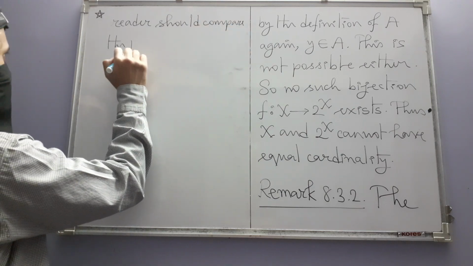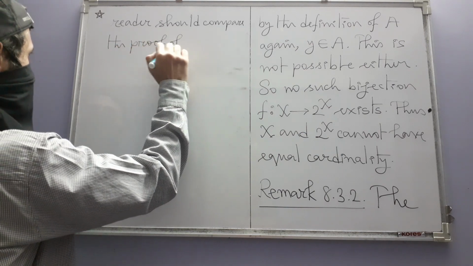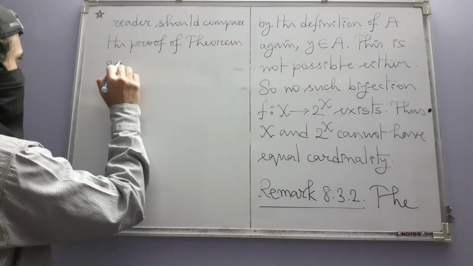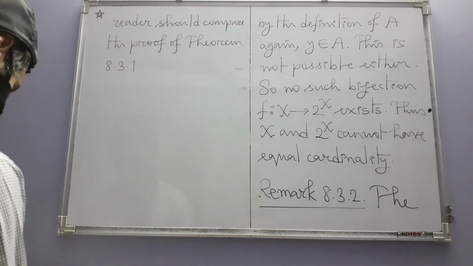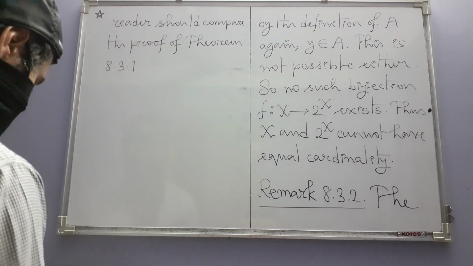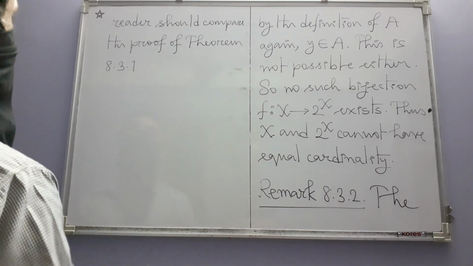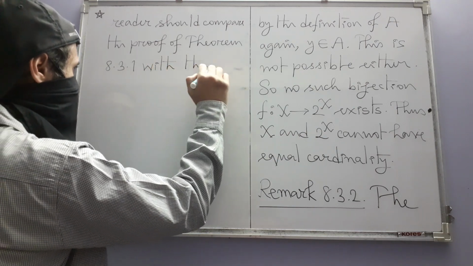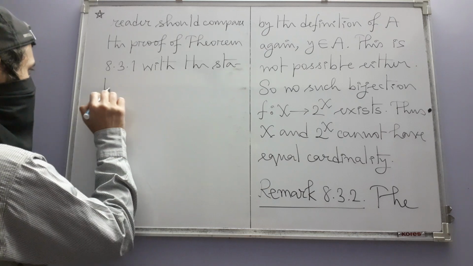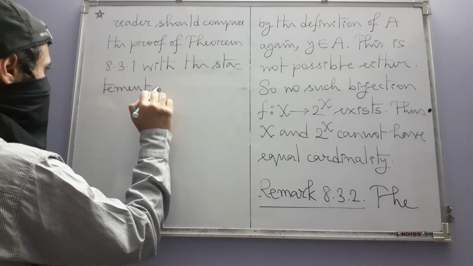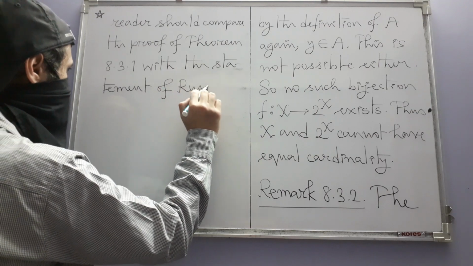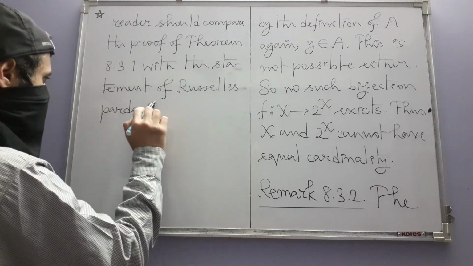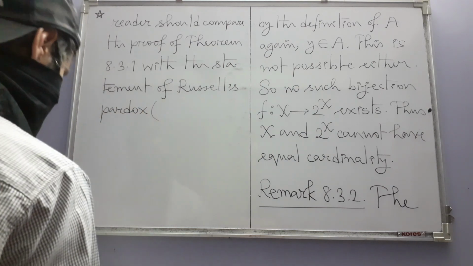the proof of theorem 831, Cantor's theorem, with the statement of Russell's paradox, which we left behind in section 3.2.